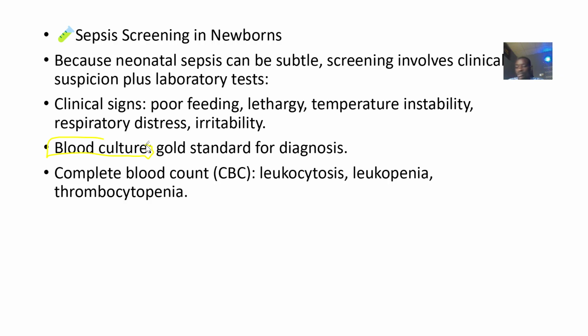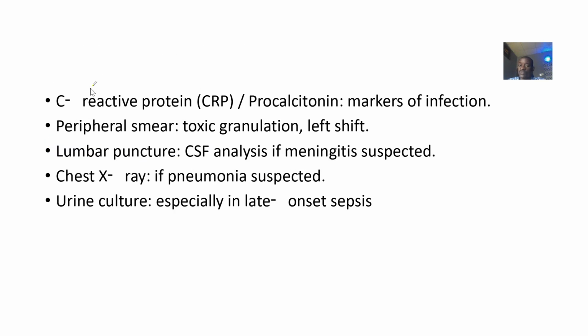Okay, then complete blood count, where you are trying to check out for what? Leukocytosis, leukopenia, or low platelet levels. You also do C-reactive protein and procalcitonin. So all those ones are markers for infection, so you want to actually confirm that there's an infection.